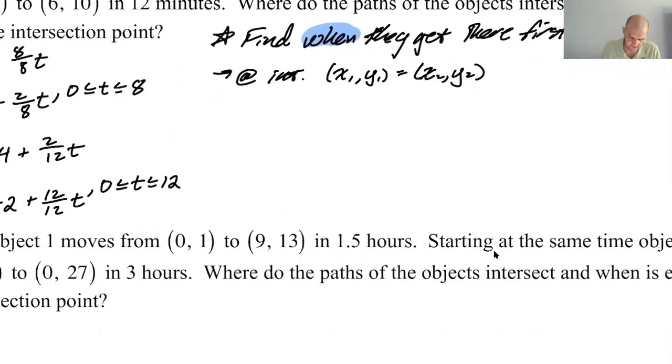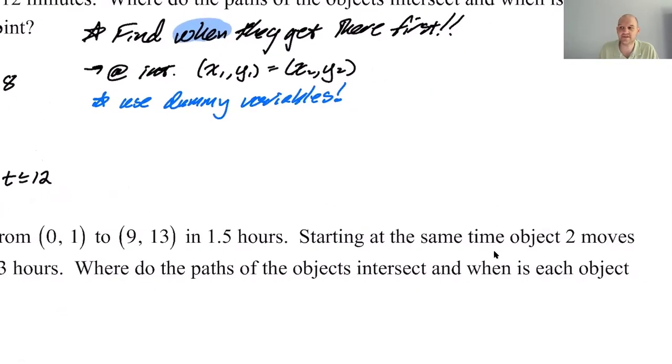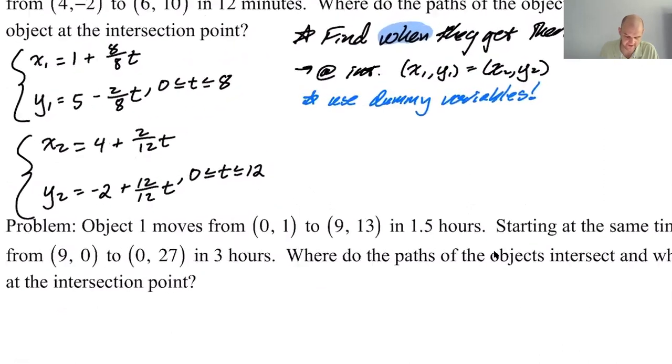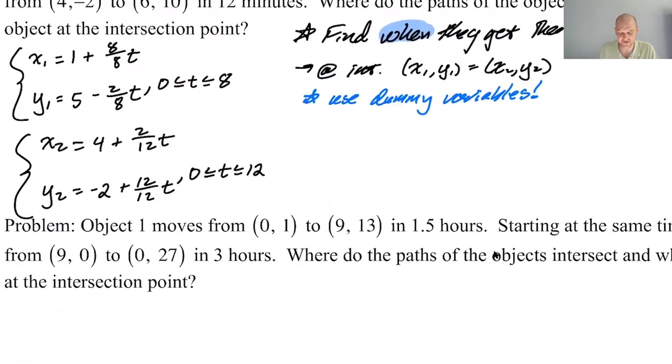So we're going to use what are called dummy variables. I typically use t and v. You could use t1 and t2, which is probably actually a better idea, so maybe I'll use that here. But on the calculator, I'm probably going to use t and v because it's just a little bit easier.